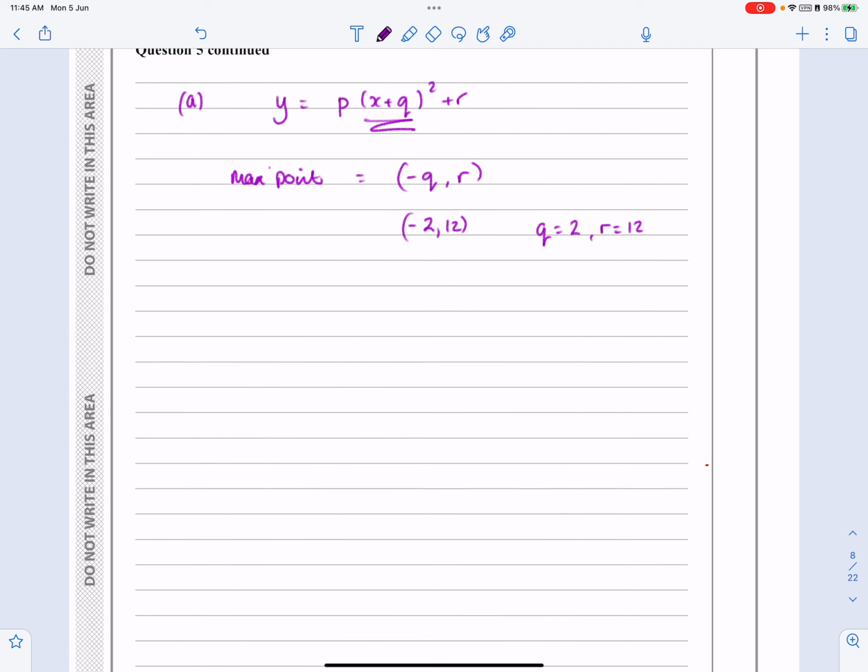So that means that my function now is y equals p(x + 2)² + 12.